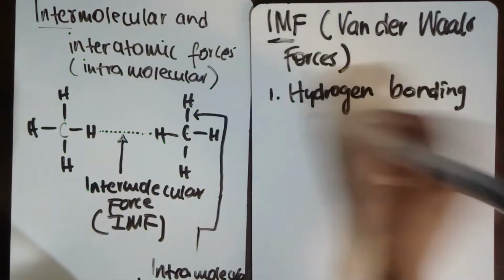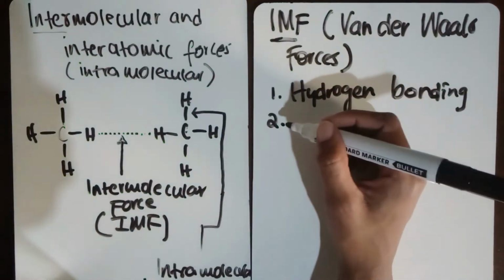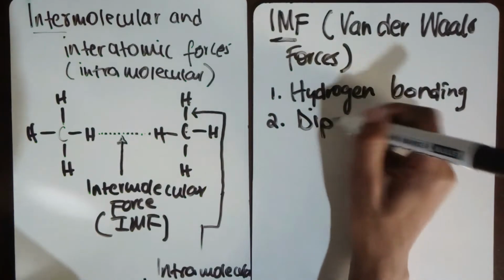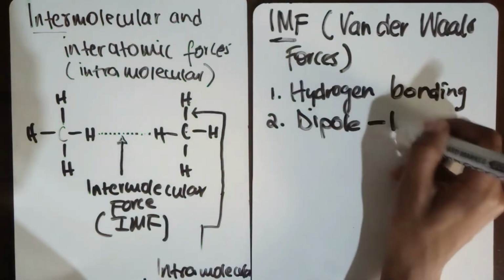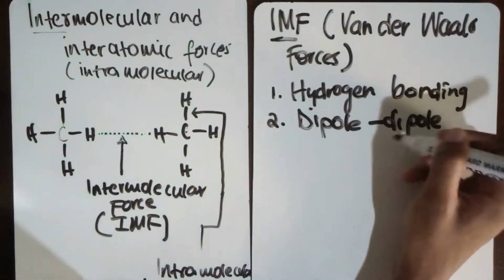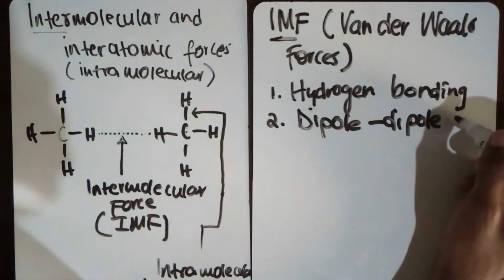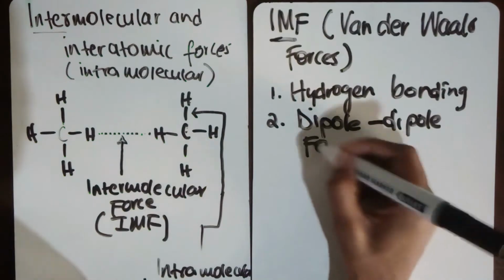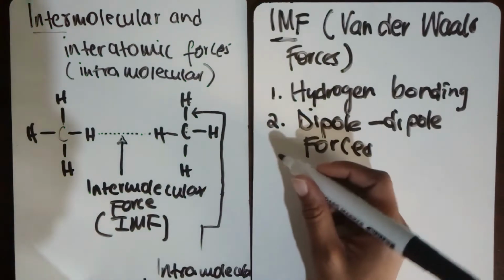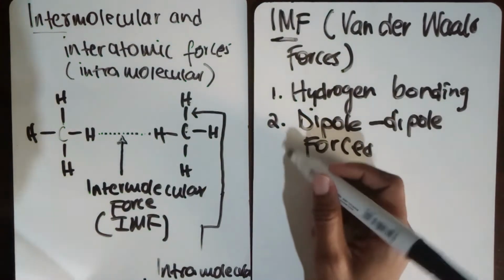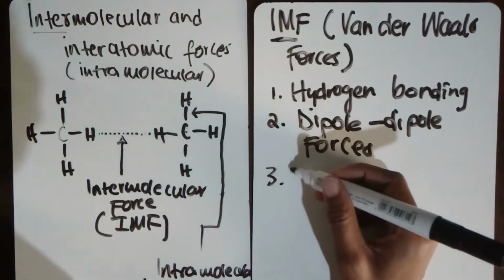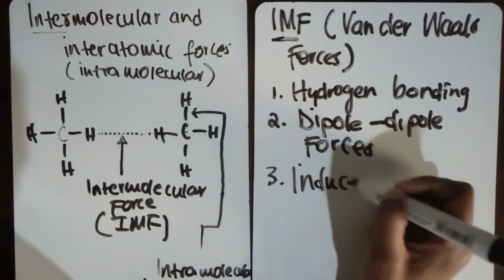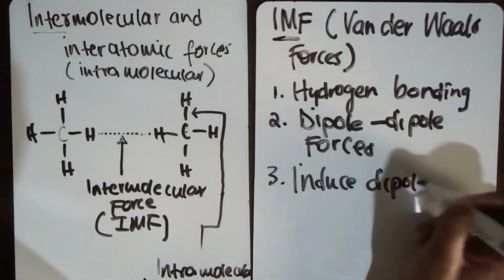Hydrogen bonding. The second one is dipole forces. It's the second strongest of those intermolecular forces, dipole forces. And the third one, the last one that we're going to talk about, is what we call induced dipole forces, right?